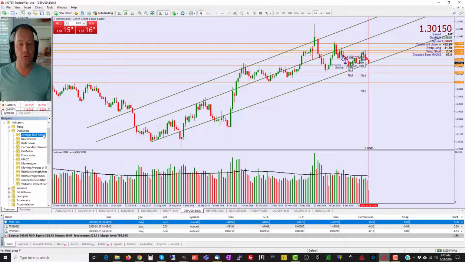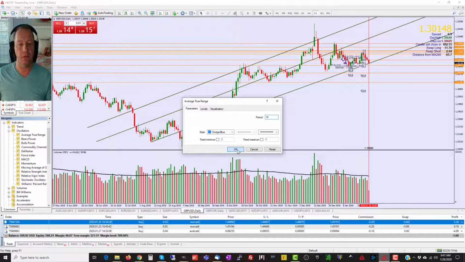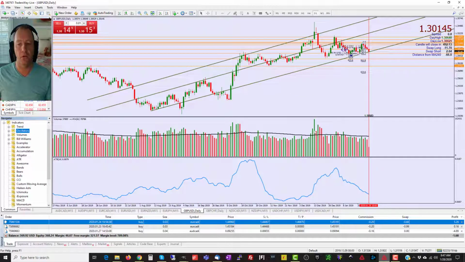And what that shows you is the average of a range, which the default is set to 14, which means basically through the last 14 candles, what's the average true range?